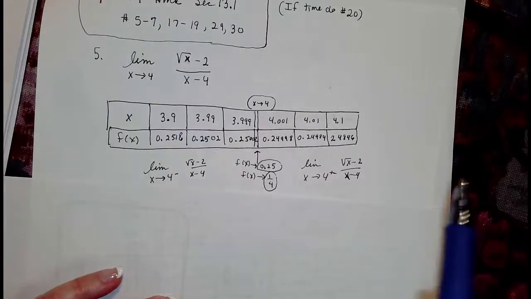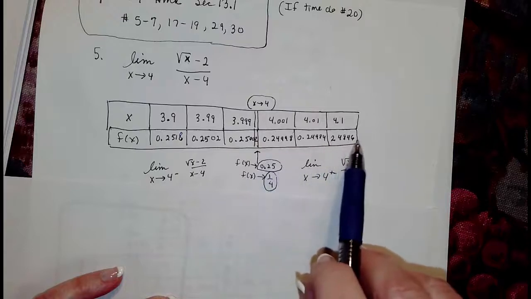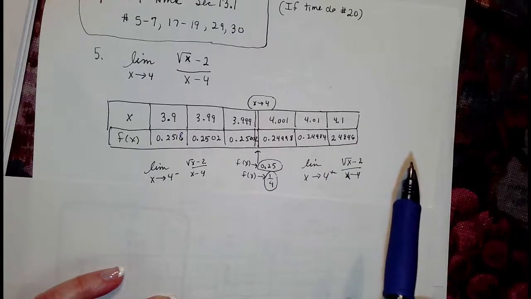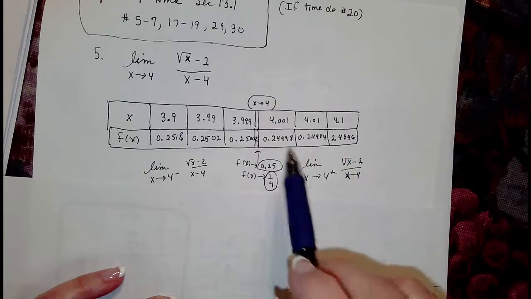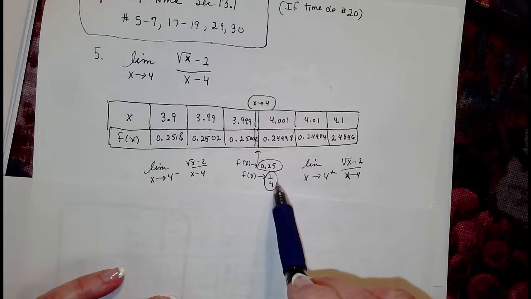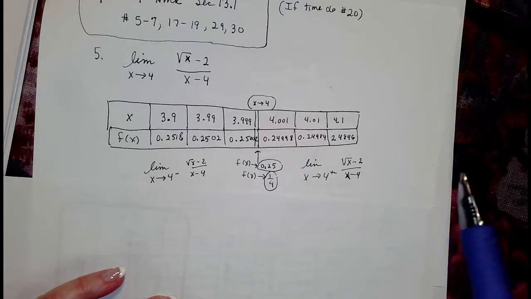Okay, so the things that I wanted you to make sure you copied down were these things from the chart, so that we can talk about those a little bit later. Now, as x approaches 4, you can see from the chart that f of x approaches 1/4. So again, we'll talk about that in a future video.